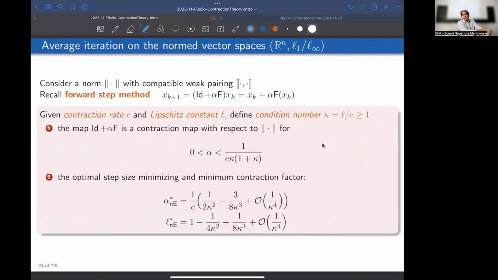However, instead, if you work with the one or the infinity norm, or maybe you have other norms because you design a specific norm for your problem, you may end up with different ranges for alpha and different optimal values for the optimal step size and the corresponding contraction factor.